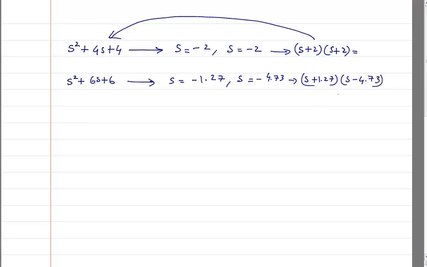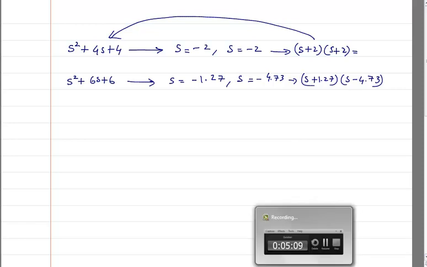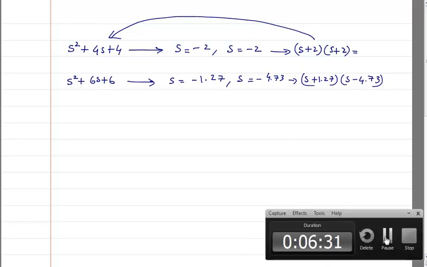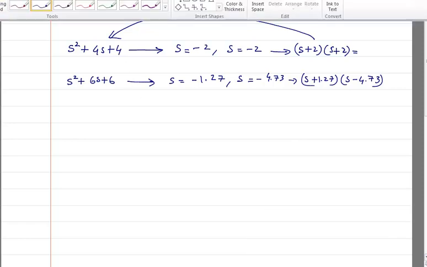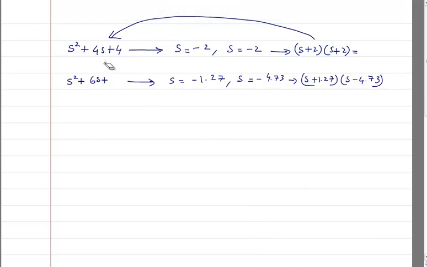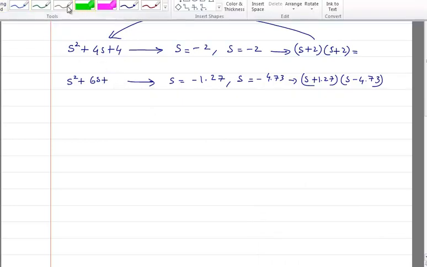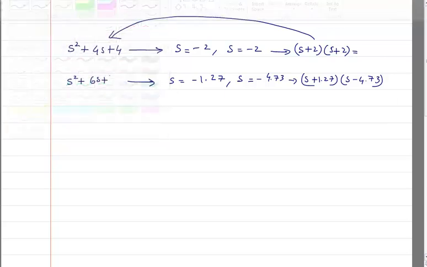Now suppose I use another quadratic equation, where instead of 6, I put 8. If I put 8, my value will be different. What will be the value?